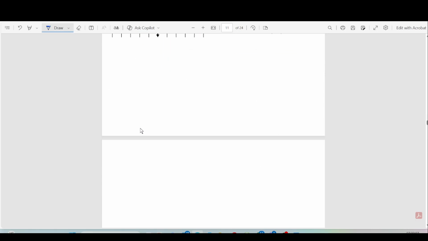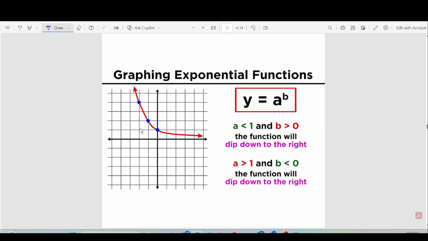So if we have this exponential function and a is less than 1 and b is greater than 0, then the function will dip down to the right like this. The same is true if a is less than 0 and b is greater than 0, or if a is greater than 0 and b is less than 0, the opposite.